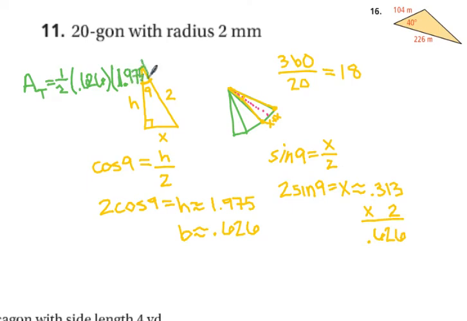When we multiply that all together, we'll see that the area of this triangle is going to be 0.618. Then we just have to recognize that we have 20 of these triangles, so let's multiply this by 20 triangles to figure out our total area. So the area of this 20-sided regular polygon is going to be 12.36.